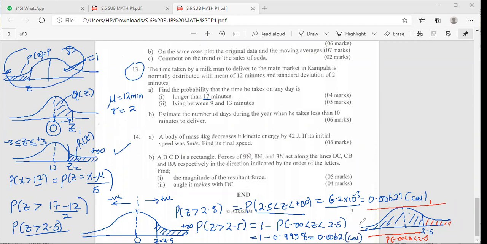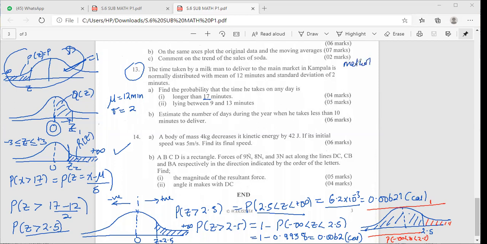Subtract. Is that the answer? Yes. Okay. Now the third method.